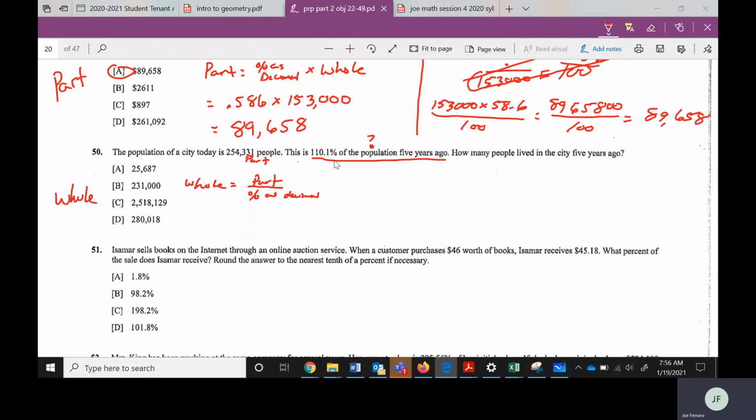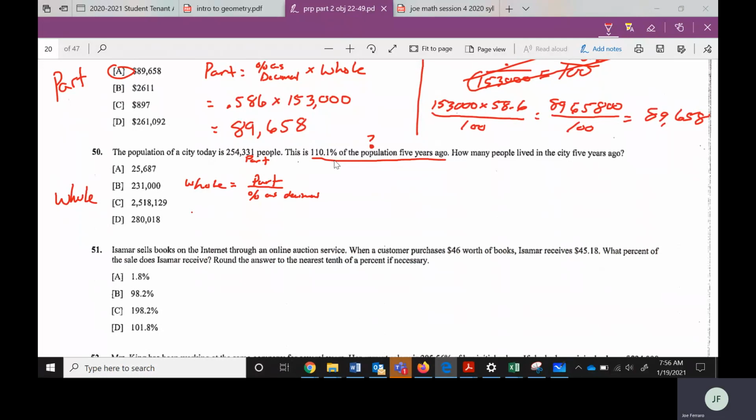The key is this sentence with the percent, 110.1% of the population 5 years ago. Then look and see that population 5 years ago, if that's what they give us, then we're looking for the part because we would have the whole. But if that's what they're asking, then we don't know the whole, so this must be the part.